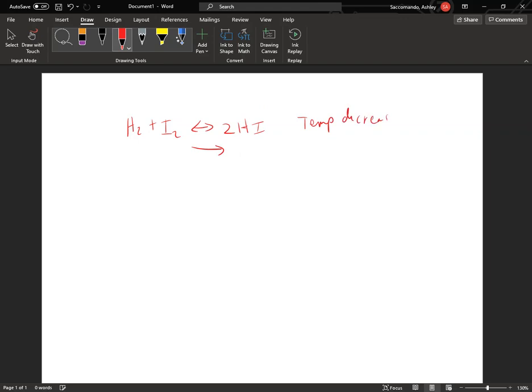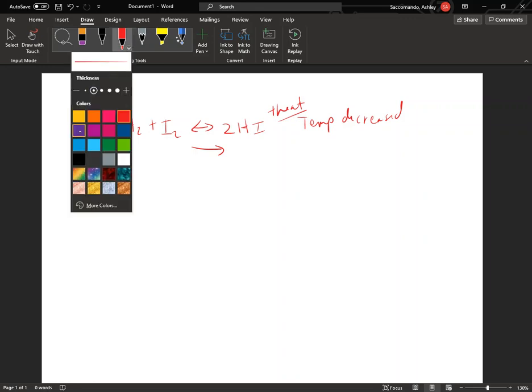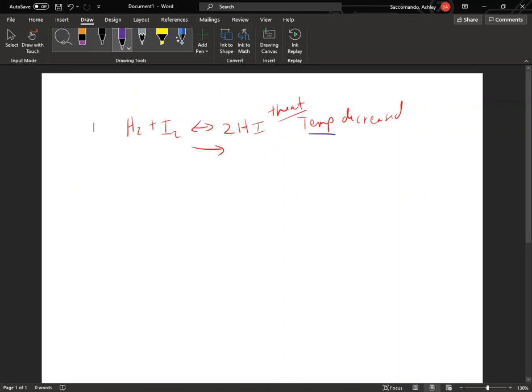And we also know that heat is a product over here, like so. All right, so temperature's decreased. Heat's a product. So remember, the general equation is products over reactants, although technically for this one, the Kc would be HI squared over the concentration of H2 and I2, like so.